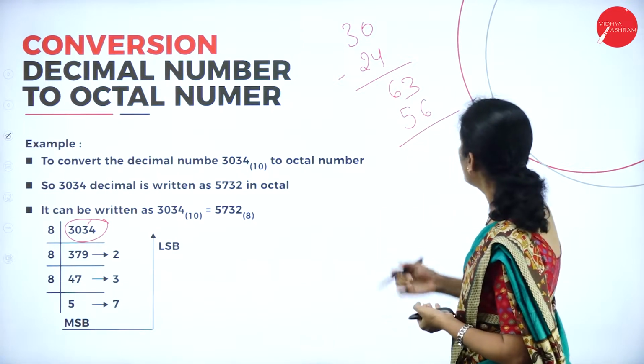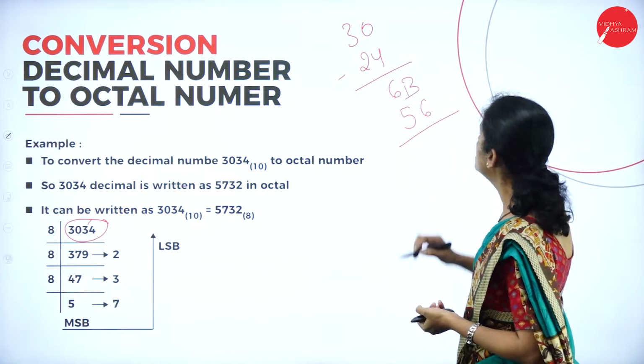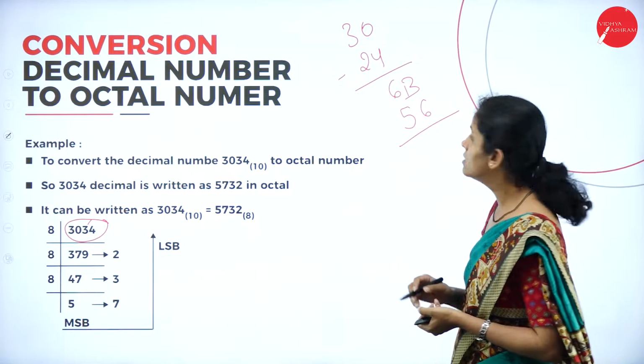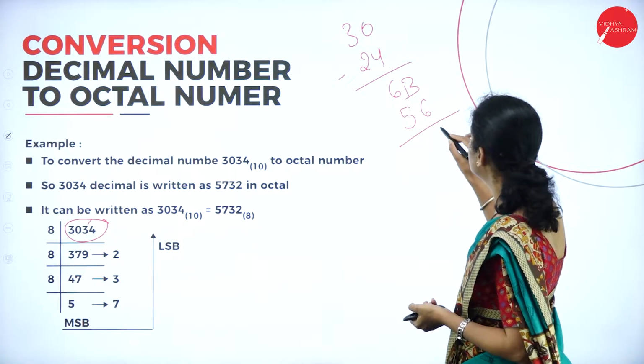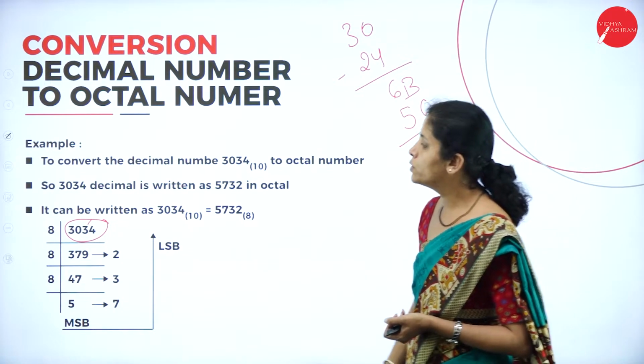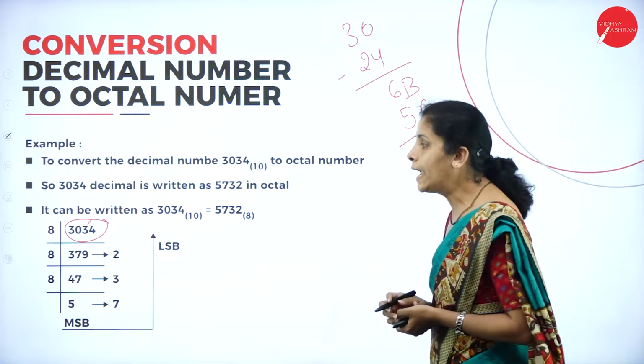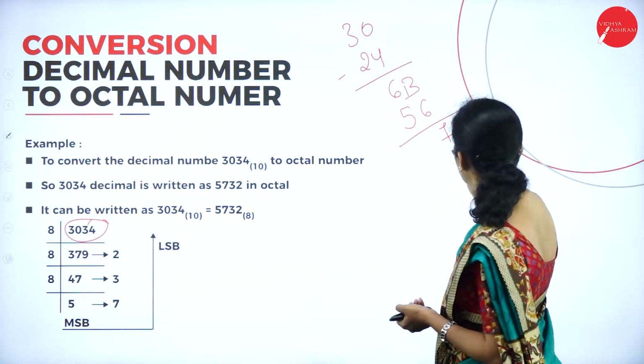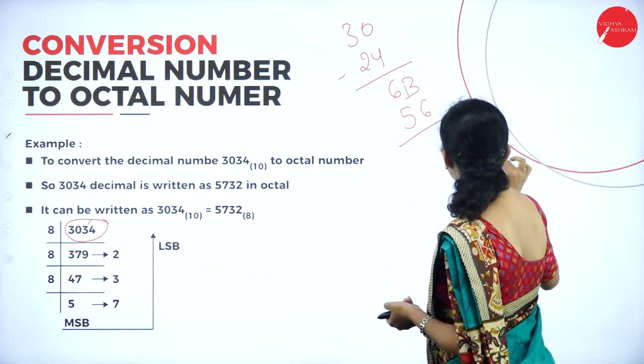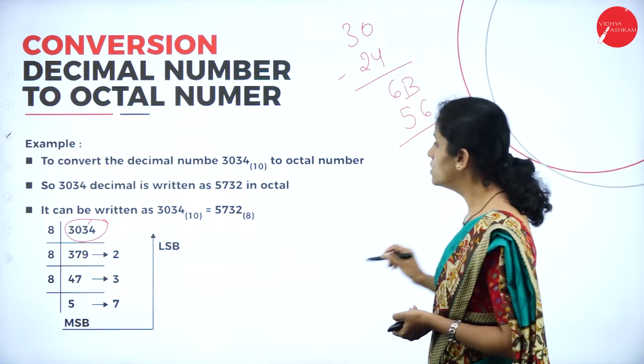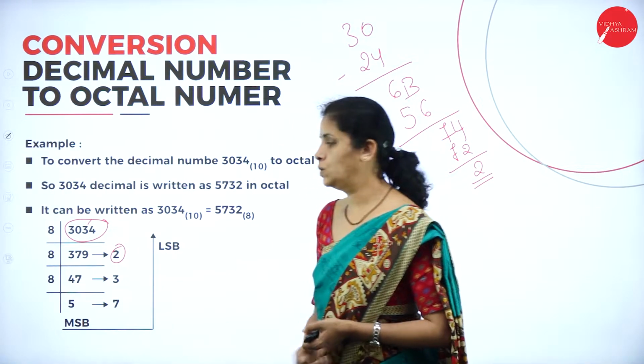I subtract 63 minus 56, that is 7, and bring down 4. 8 9s are 72. So the remainder is 2, and I place 2.